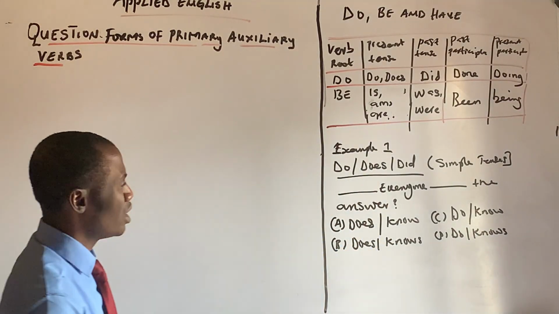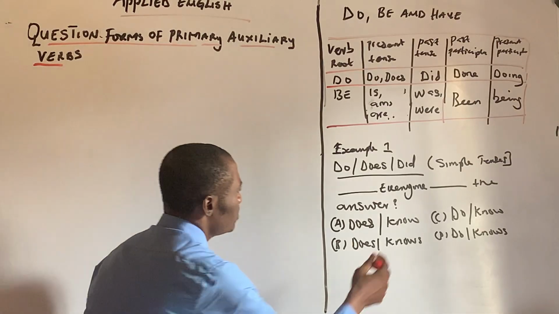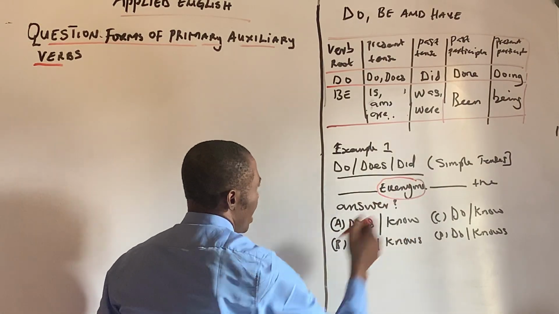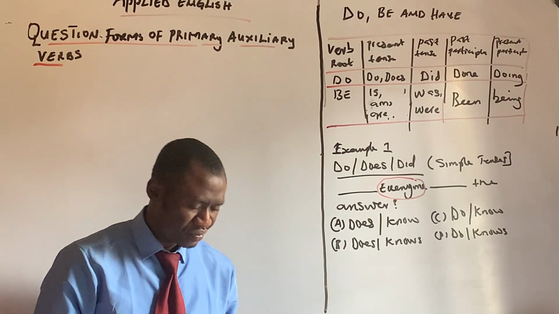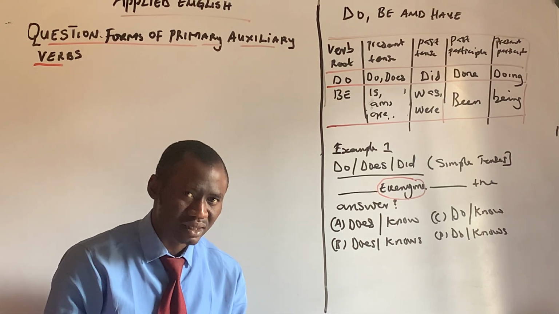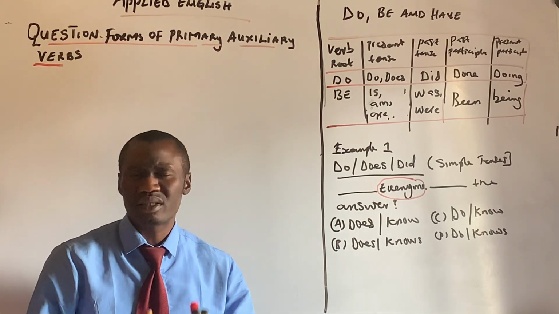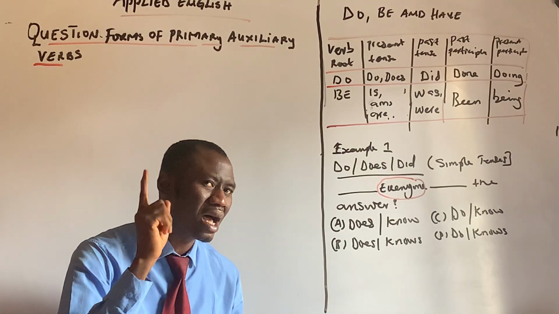Now, if you have a question like this, first of all, look at the subject. The subject here is everyone. Whenever you find everyone, anyone, anybody in a sentence, according to the rule of concord known as subject-verb concord, you consider it as a singular subject.